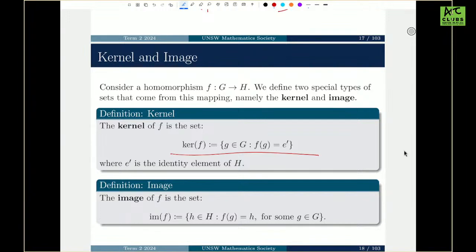And the image of f is this set. It's anything in the codomain that gets mapped to by something in the domain from f.